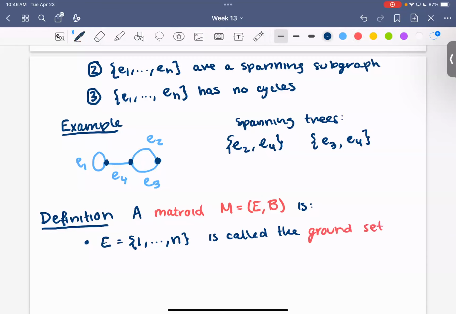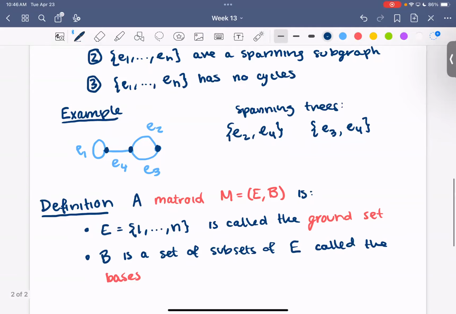And then the set B is a set of subsets of E called the bases.